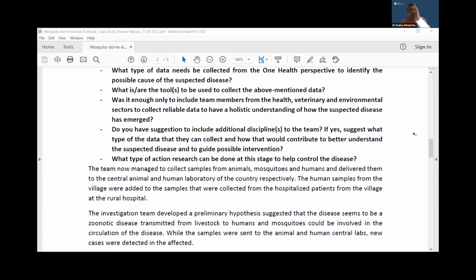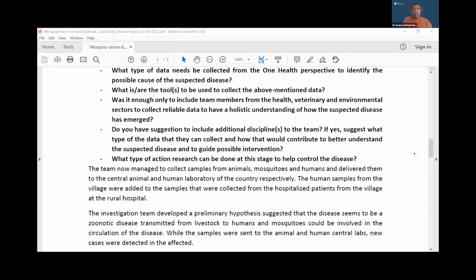The suggestion came at that time that we need to include social scientists who understand very well how to deal with the local communities, and know very well how to respect the values and so on. When they were involved, immediately the response from the local communities was quite high, and the epidemic curve started to decrease significantly. So absolutely, social scientists are quite good.